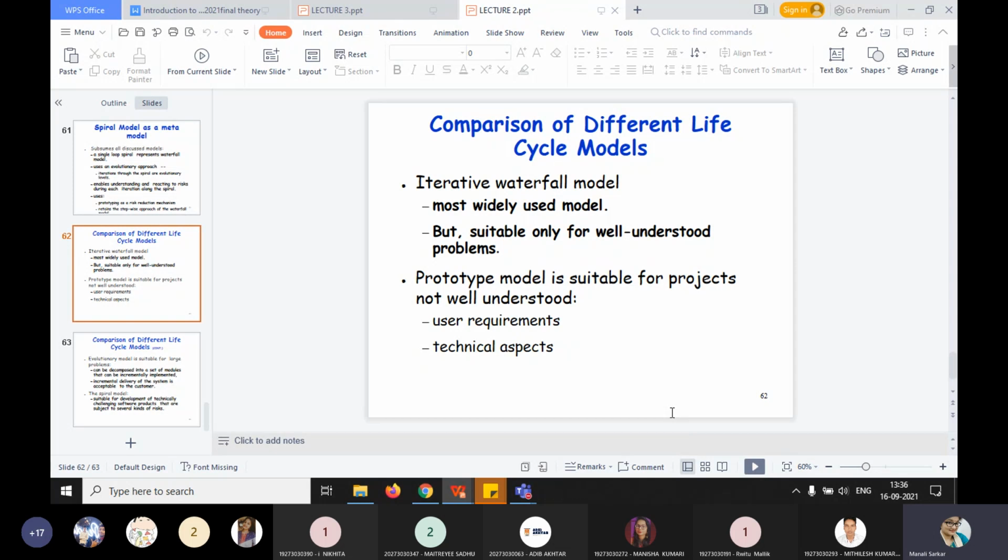In this way, the risks are reduced. That's why the prototyping model is used for projects where user requirements are not well understood, and there can be two cases: either the user requirements are not clear or the technical aspects are unclear. In these two cases, you can use the prototyping model.